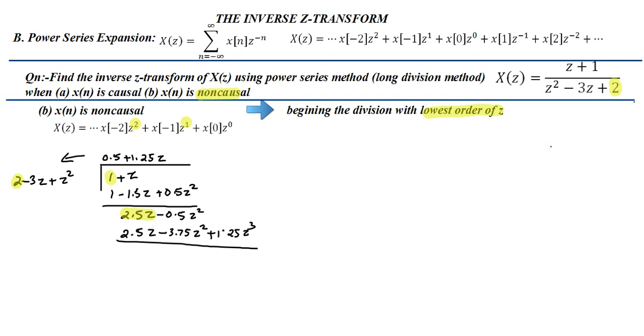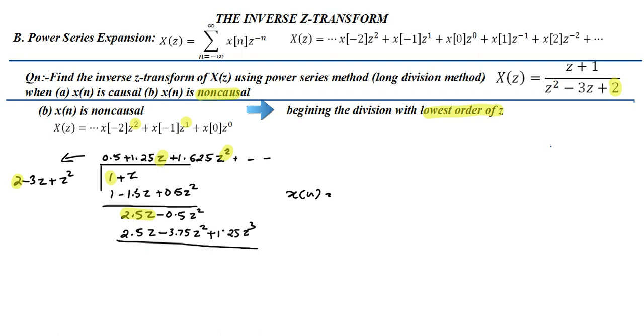When you subtract and divide, you will get plus 1.625 z square. Likewise it will continue. So I can write this x of n like this. If it is z, it corresponds to x of minus 1.